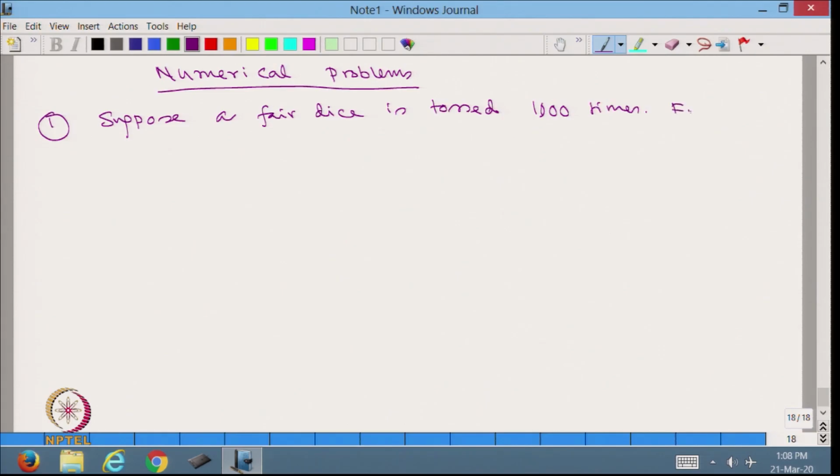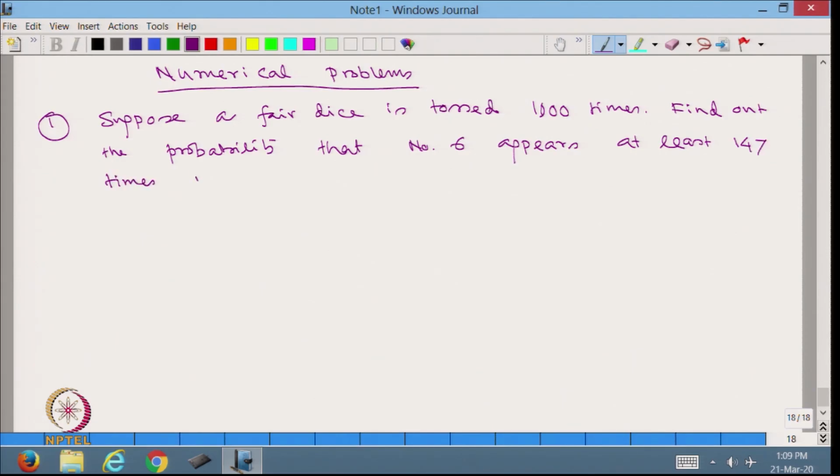Find out the probability that number 6 appears at least 147 times in the 1000 tosses.